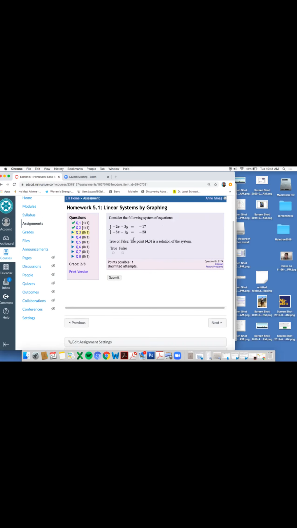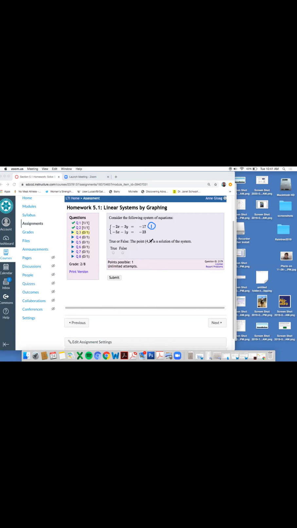All right, so question 3 says, true or false, the point (4, 3) is a solution to the system. So in here, we want to check by plugging in. We're going to plug into the first equation.